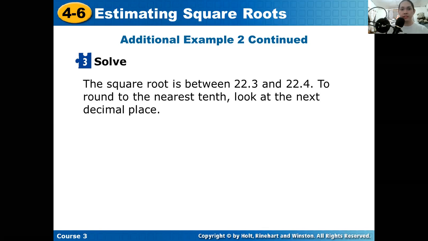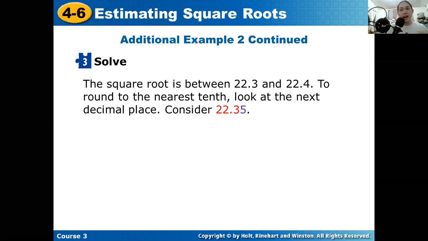To round to the nearest tenth, look at the next decimal place. So we will look at 22.3 as our start. Since we are going to round to the nearest tenth, we will look at the next decimal place. So we will consider the 0.05.